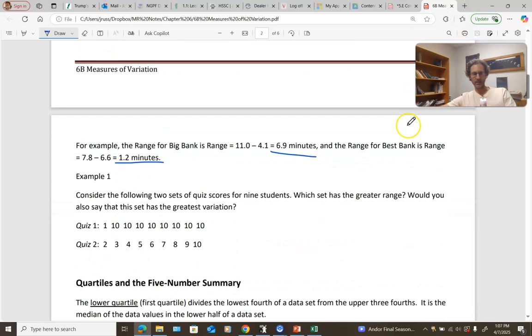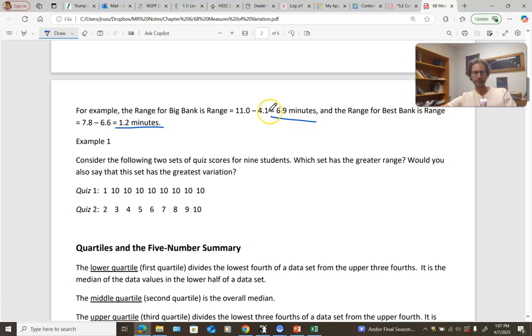All right, let's look at this example 1 here. We're going to look at another way or another metric to measure variation. It's a bit more complicated to calculate, but it gives us a much truer estimate or value in describing how spread out a data set is, how much variation there is.